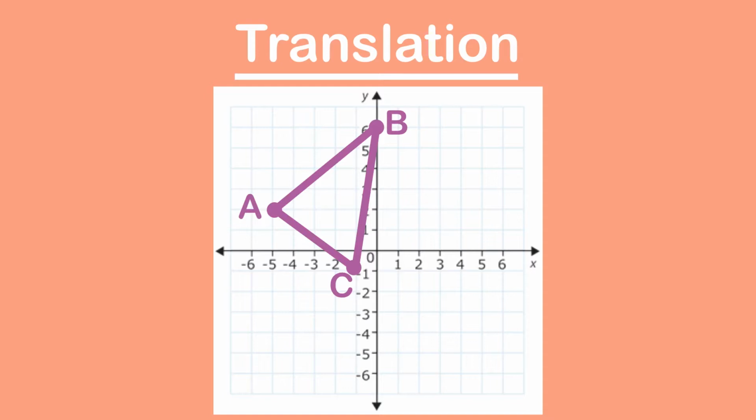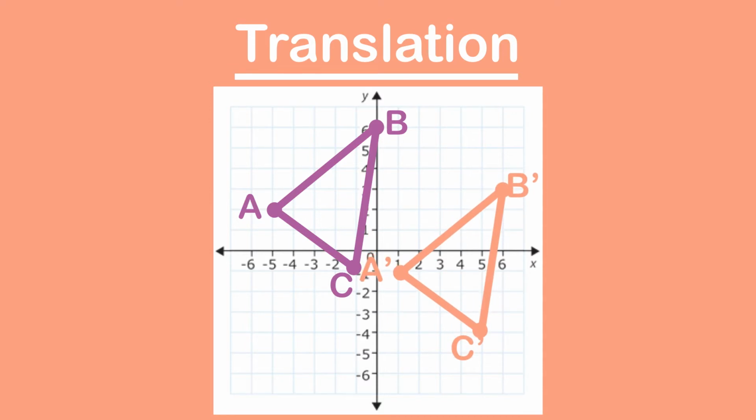Recall this example from the Identifying Transformations video. Let's discuss it in more detail. When doing a translation, figures will either move left or right and/or up or down. The triangle first moves right 1, 2, 3, 4, 5, 6, and then down 1, 2, 3.